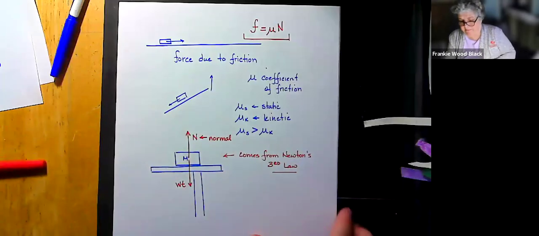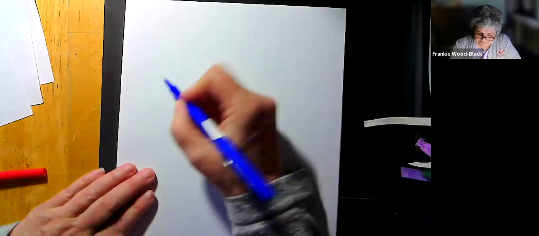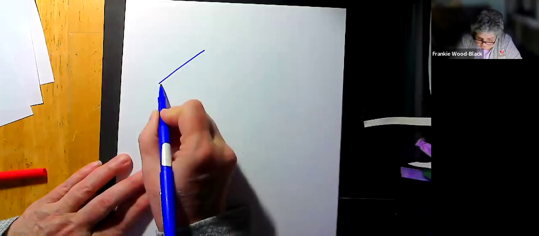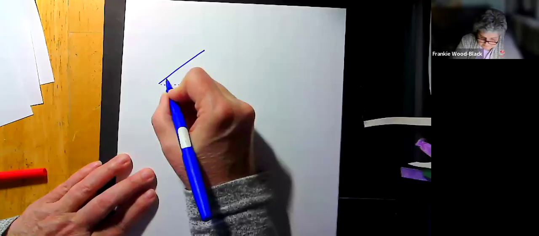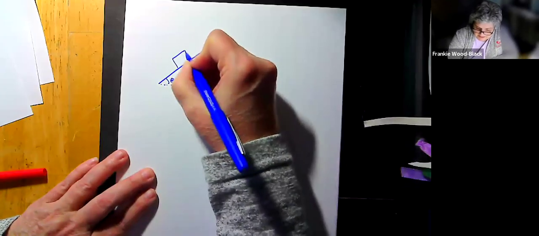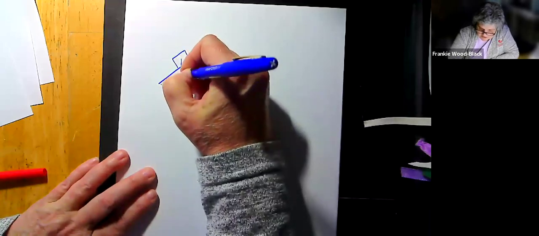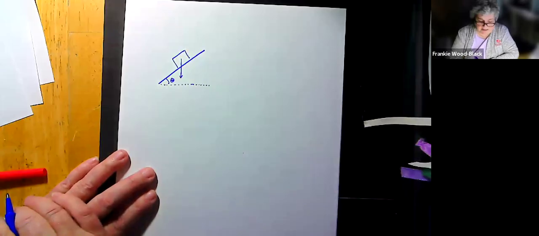Now let's look at our plane here. There's my angle of my plane. I have an object here. The weight of the block is always going to be towards the center of the Earth, and we're going to get to that here in just a second.